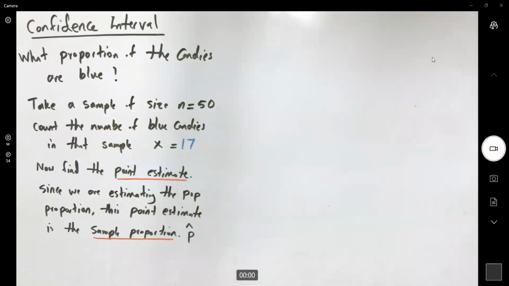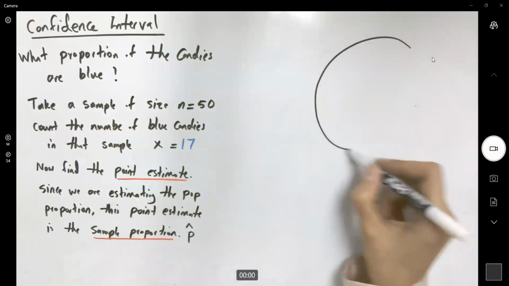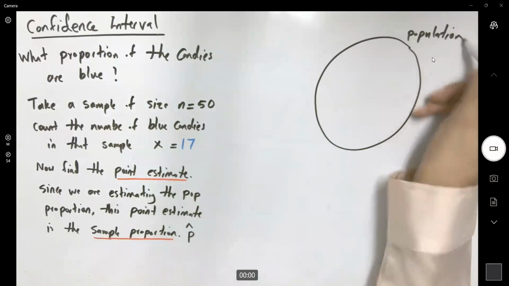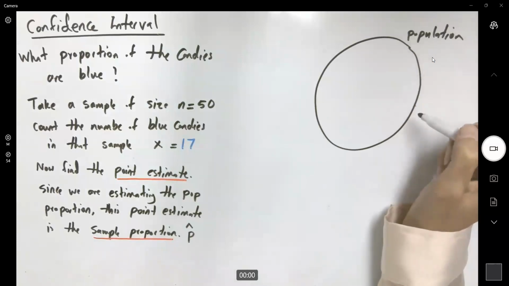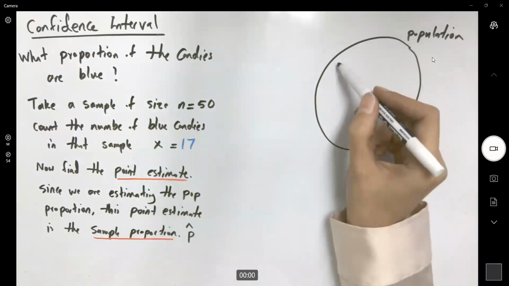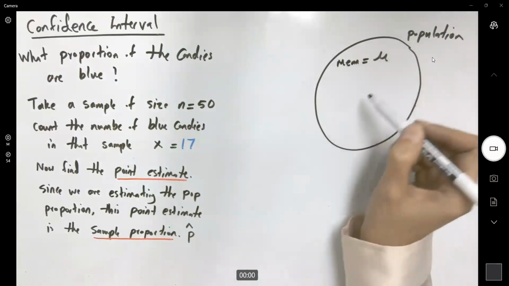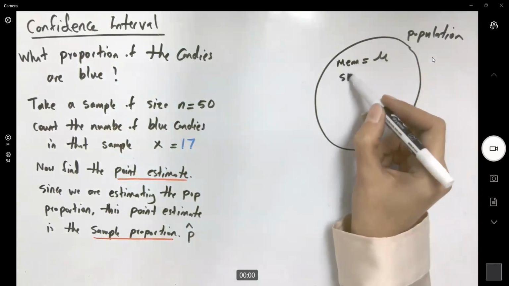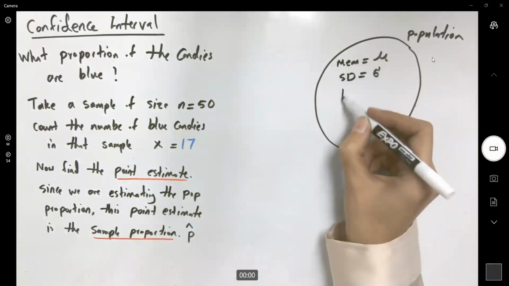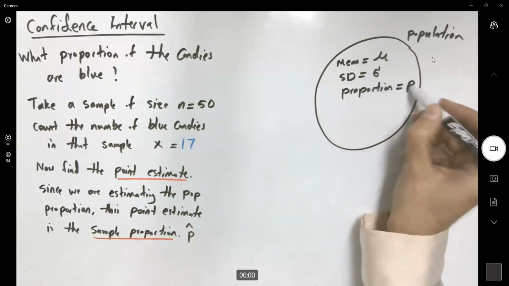In elementary statistics, we learned that we have a population, am I right? To that population, we can associate some numerical characteristics, like the mean of the population, denoted by the Greek letter mu, the standard deviation of the population, denoted by sigma, and the population proportion, denoted by p.